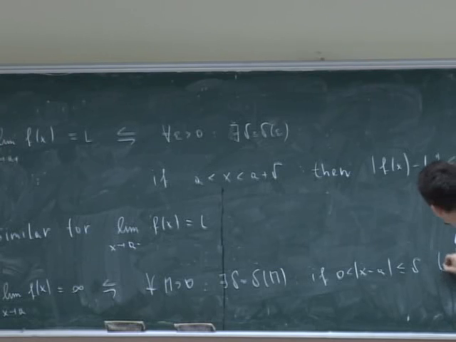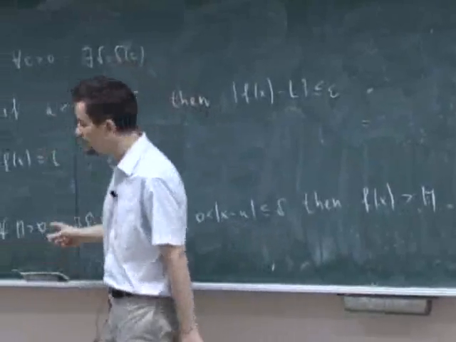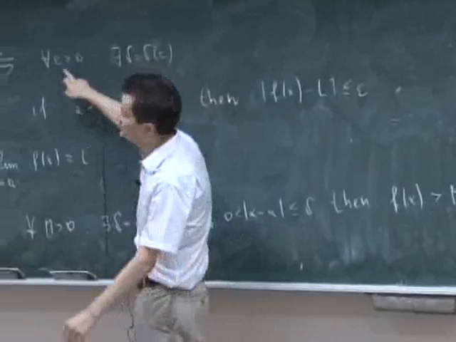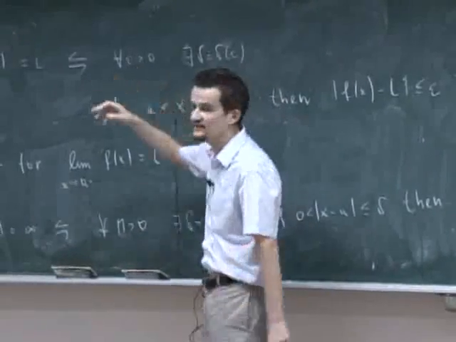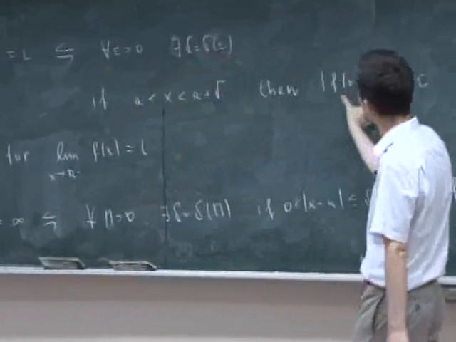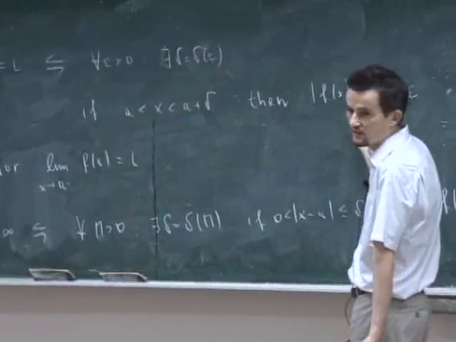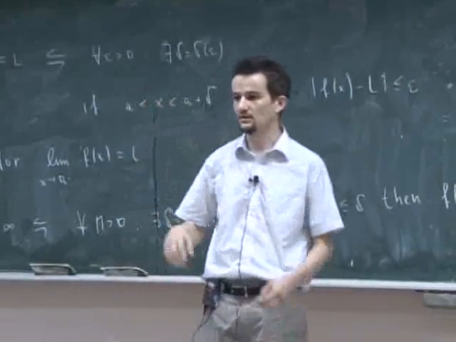Then f of x will be larger than m. And this for every large m. So here it's a little bit different. In the earlier case, the important case is where epsilon is getting smaller and smaller, because we want to make this distance as small as possible. But here, the important cases are large m.